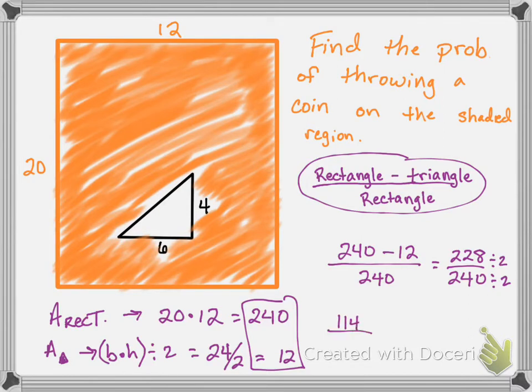Is that right? Yeah. What's 240 divided by 2? 120. Will that go down one more time? Will that divide by 2 again? Yeah, it will, because they're both even.